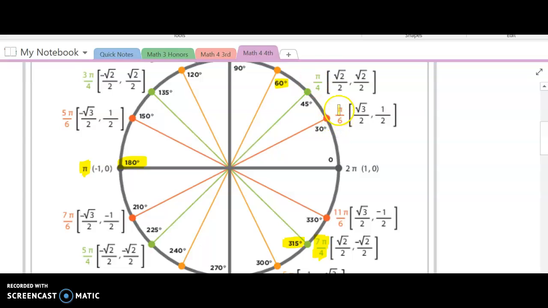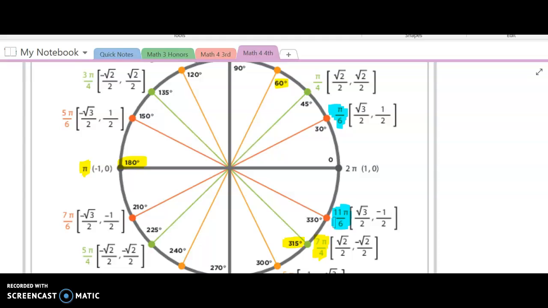So pi over 6 is right here. But if I folded my unit circle in half, I would see that negative pi over 6 is the same placement as 11 pi over 6. It's like, again, if we went backwards at 0. So we went down instead of up because it's negative.